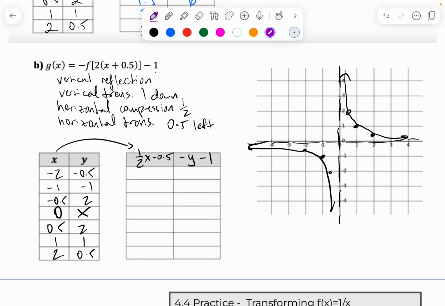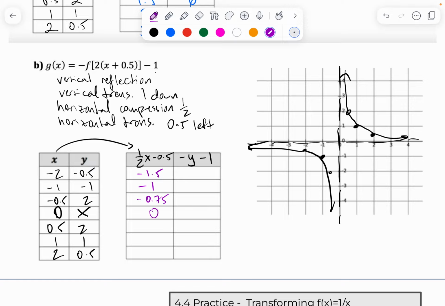Okay, so -2, so 1/2 of -2 is -1, and negative 1 minus a half is negative 1.5. A half of negative 1 is negative a half. Take away 0.5 is negative 1. A half of negative a half is negative a quarter. Minus a half is negative 0.75.